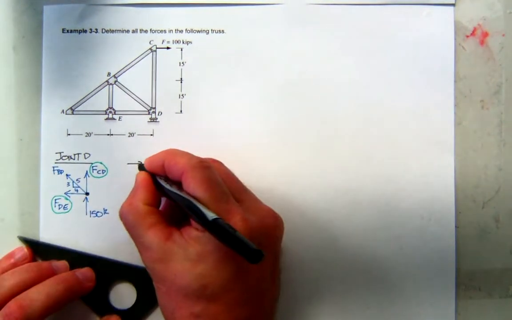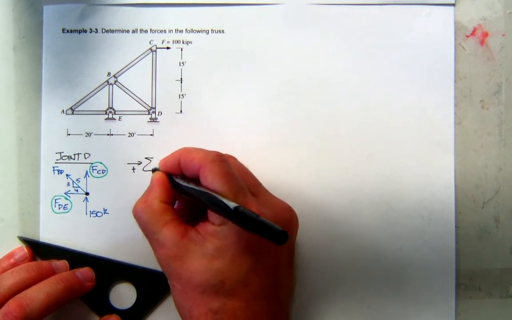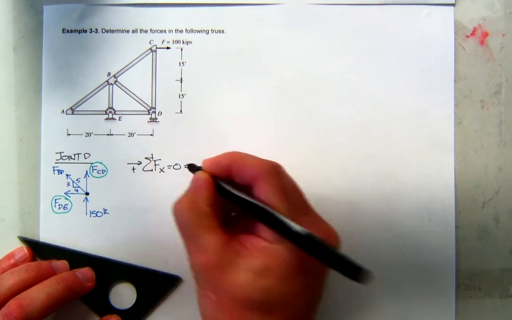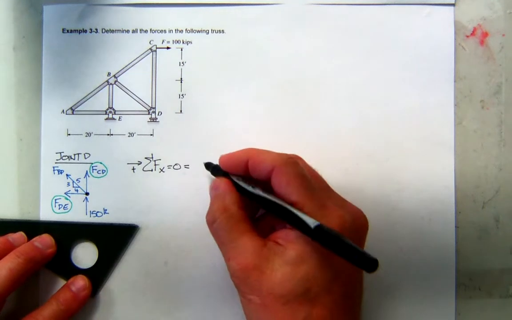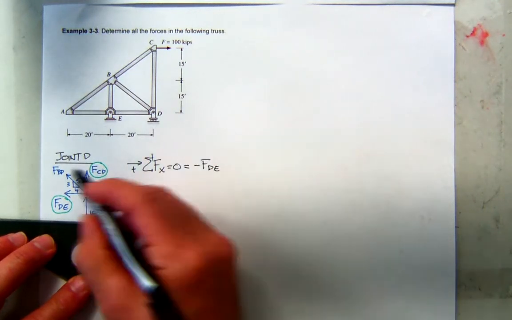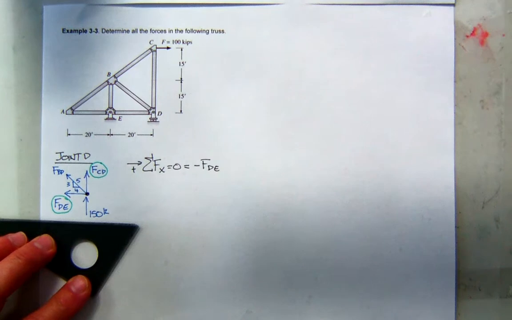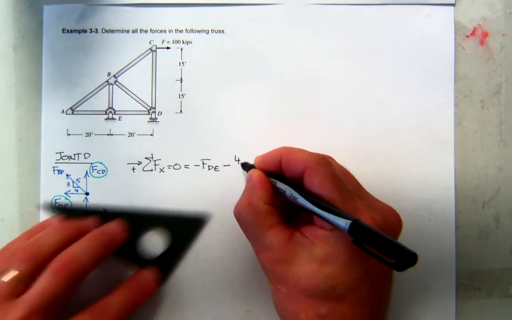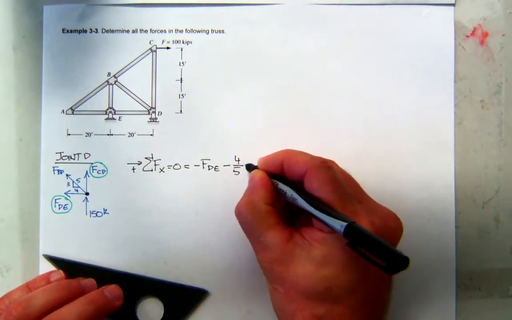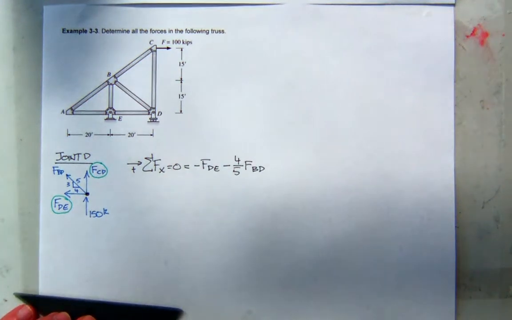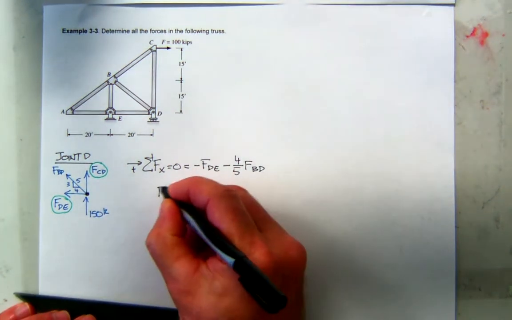So I'll assume to the right is positive, and we will sum forces in the X direction. And what do I've got? Well, I've got force CD to the left, and the X component of BD is also to the left. That's negative, and that X component is going to be 4/5 of BD. So remember, I'm trying to solve for BD.